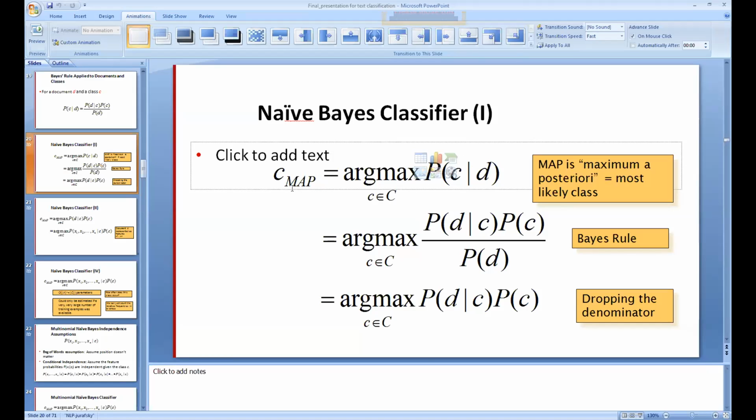That's why here it is given as MAP. So the document is categorized into that particular highest probability category. This is the Bayes rule. We are dropping the denominator. In the morning itself I told you that for the different classes, the denominator is common. Only the class is getting changed, but the given data is not going to change, right? So we are dropping the denominator.